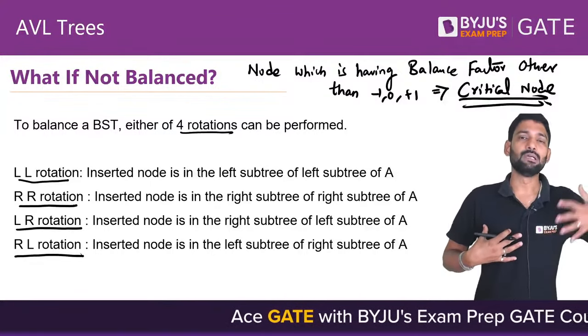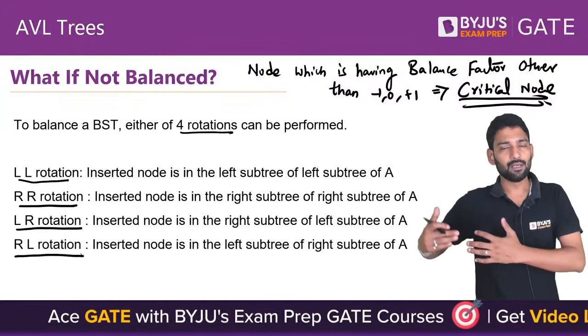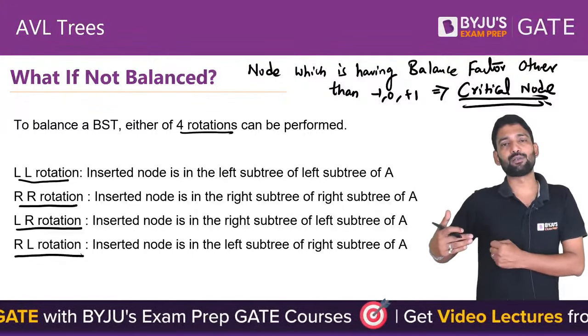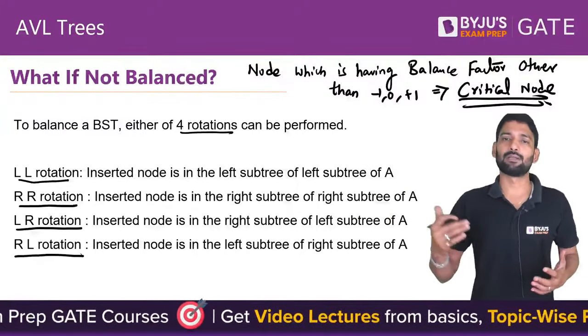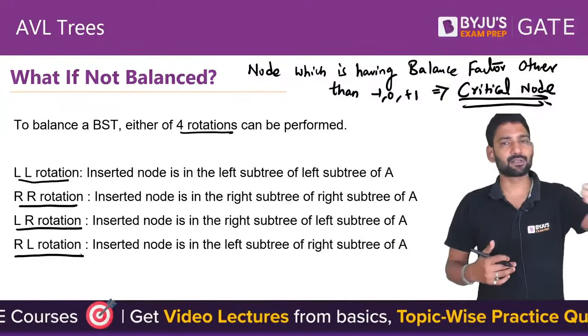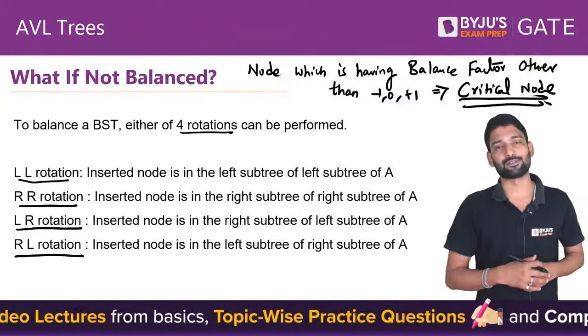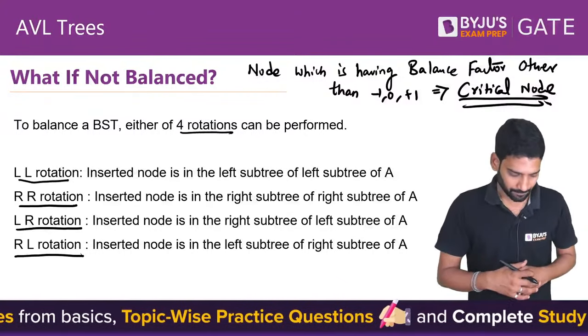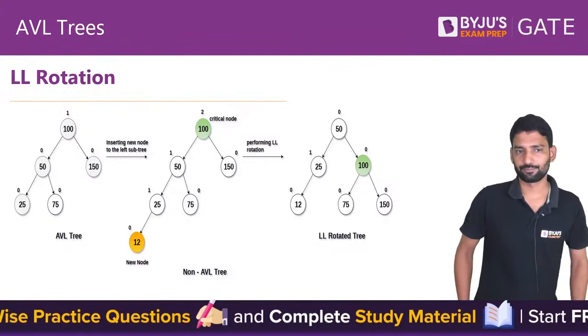Then we do LL rotation. Similarly, if the node is inserted towards the right, the node becomes critical and we do RR rotation. Left's right, LR rotation. Right's left, RL rotation.